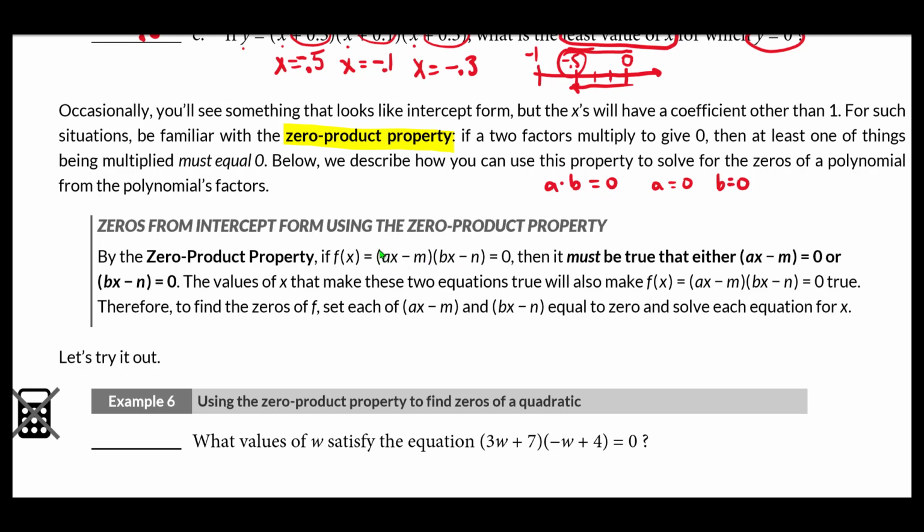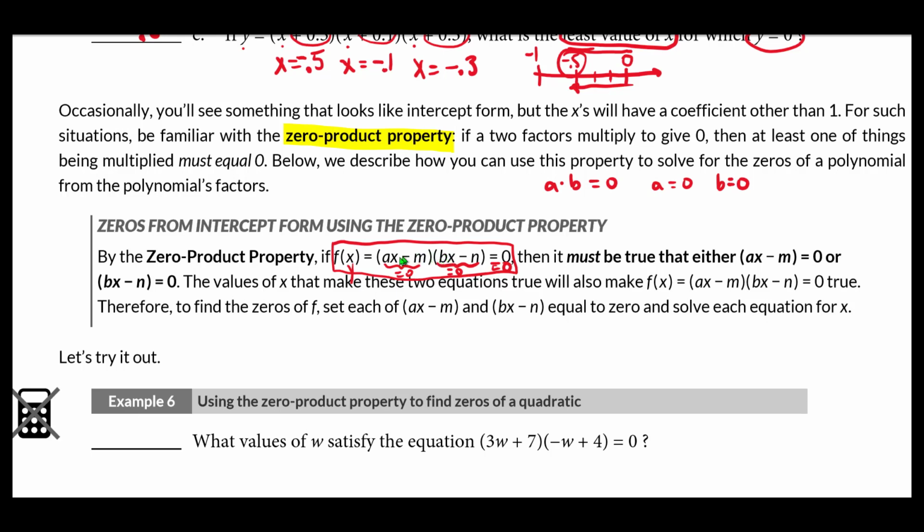So in the case of a quadratic that looks like this here, if we are trying to find where this f of x or y value will equal 0, and we have our two factors written like this, we know that one of these two factors needs to equal 0. That is the zero product property. If we were multiplying two factors and getting 0, one of those two factors has to equal 0.